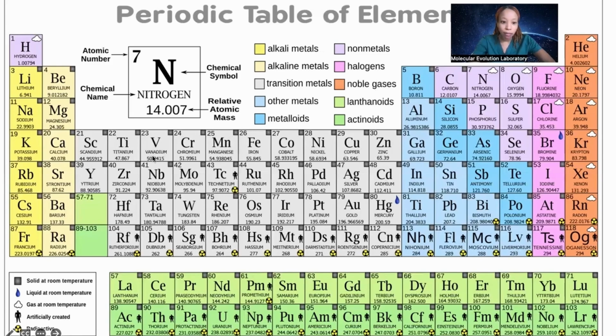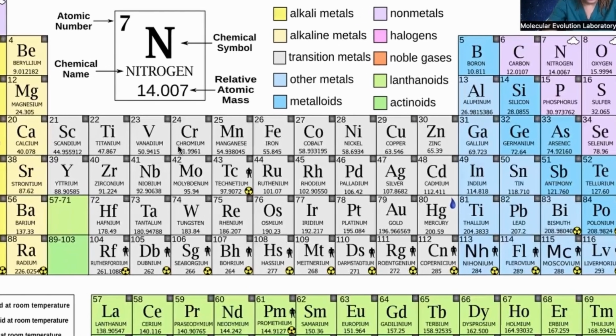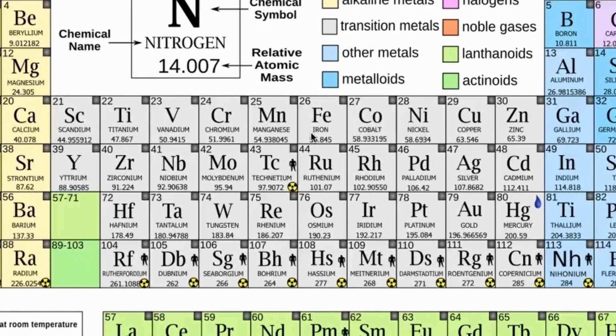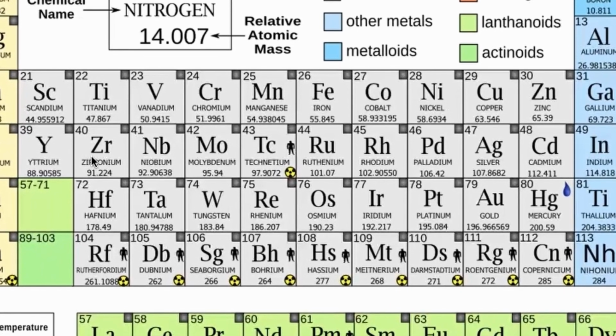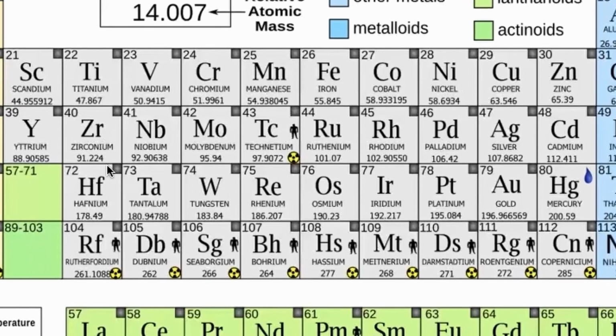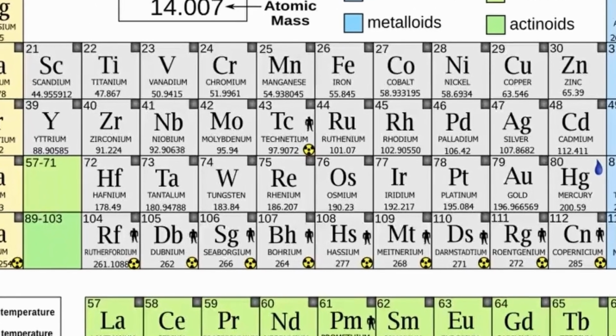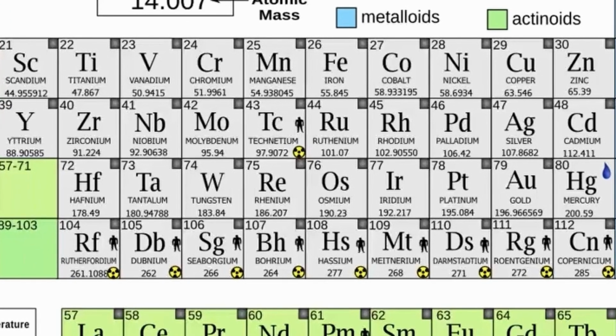So the transition metals include scandium, titanium, vanadium, chromium, manganese, iron, cobalt, nickel, copper, zinc. From the second row, we have yttrium, zirconium, niobium, molybdenum, technetium, ruthenium, rhodium, palladium, silver, cadmium.